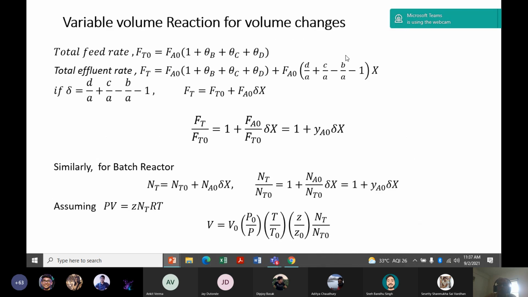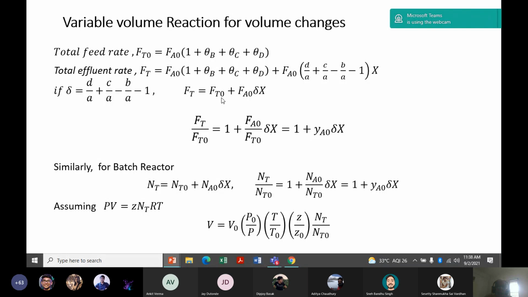That's why b by a XA, and c by a, d by a, etc. come in the second term. Within this bracket, it is called delta. That is the mole change per unit mole of A with reaction: d plus c minus b minus a, divided by a, is delta.